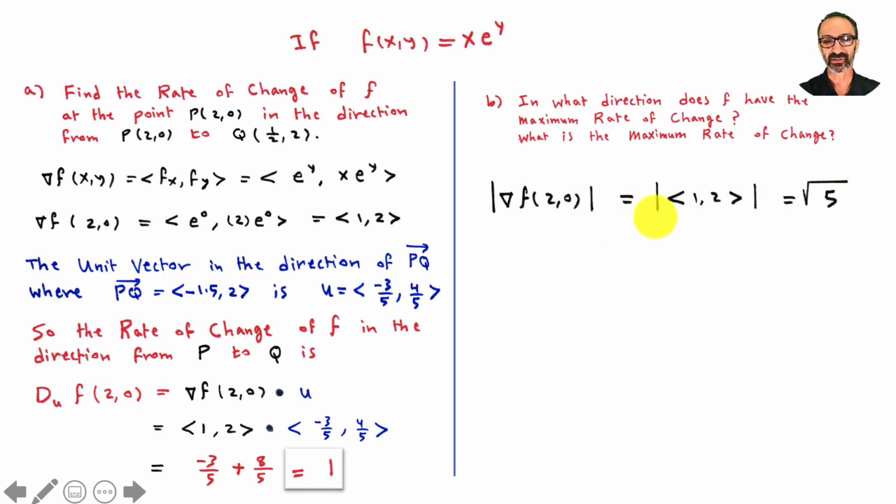Or differently, I could say the following: in what direction does f have the maximum rate of change? Well, it's going to be in the direction of the gradient. The gradient and the unit vector will have a 0 angle in between them, and the maximum rate of change will be the magnitude of the gradient, which is in this case square root of 5.